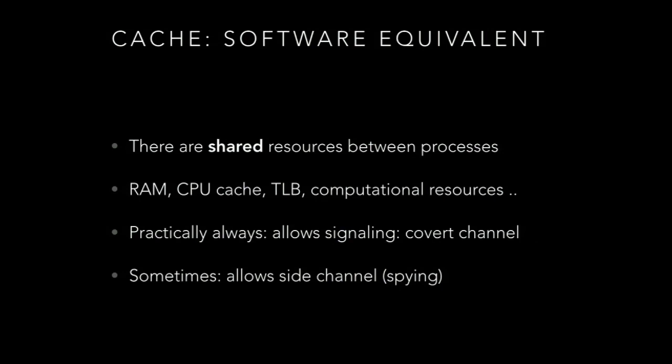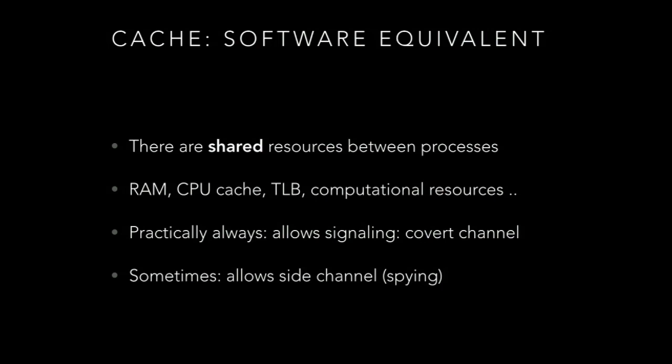But the reality is different because there are many shared resources in a computing system. We're sharing the RAM chips, we're sharing the CPU cache, and we're probably sharing many other resources that we maybe don't even know about today. Whenever you share a resource like this, this perfect isolation starts to break down. It practically always allows you to send secret messages to each other by observing the state of that resource.